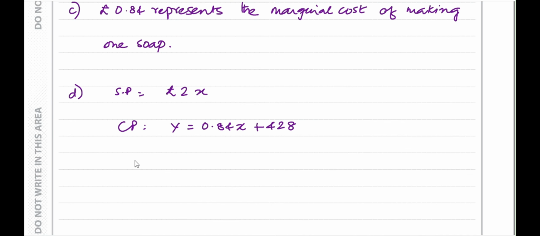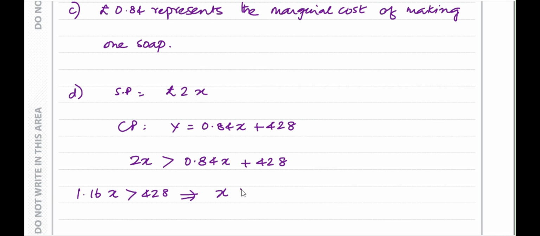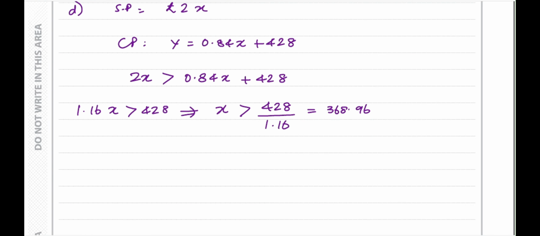Therefore, to make profit, this £2x must be greater than 0.84x plus 428. Therefore, 1.16x should be greater than 428, which translates to x should be greater than 428 divided by 1.16, and putting into the calculator I get this as 368.96, and hence x should be greater than this.